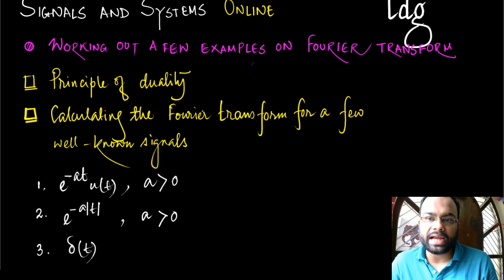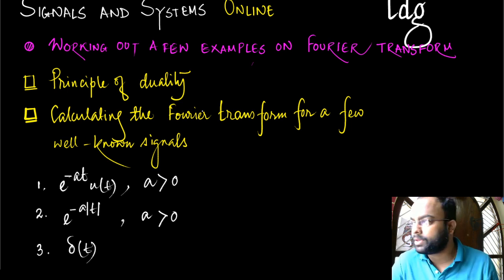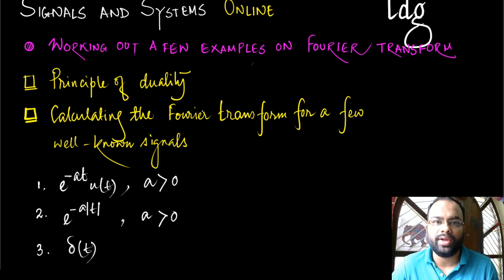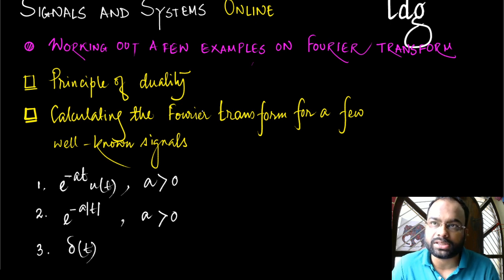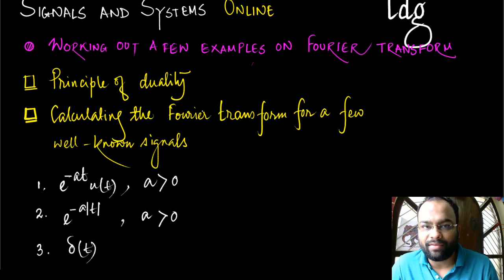And once more I should emphasize that we could have given more emphasis on Fourier series, right? We could have allotted a few more classes on Fourier series and done plenty of other things with it, but unfortunately for us, most of the signals that we encounter in our entire course and in real life are not periodic in nature. So studying Fourier series in huge depth has its advantages, but it's not quite relevant with our subject. Fourier transform, on the other hand, is quite relevant, because most of the signals are aperiodic in nature, and even if the signal is periodic, you can have a Fourier transform, and Fourier transform has a direct correlation with Fourier series.